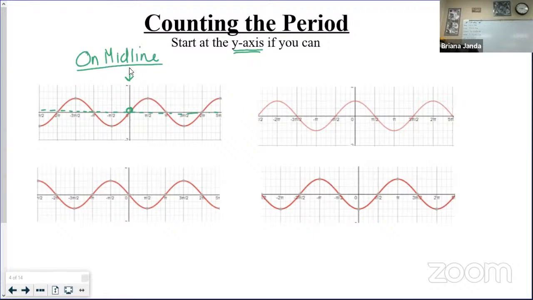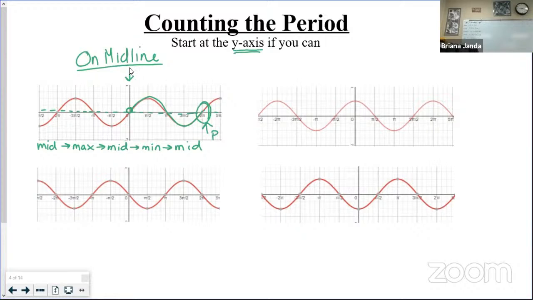If that is the case, I would be counting the distance of one full sine curve. To do that, I would go from my midline to a maximum, back to my midline, to a minimum, and return to the midline. So: maximum, midline, minimum, midline, and when I have completed that, that is the period.